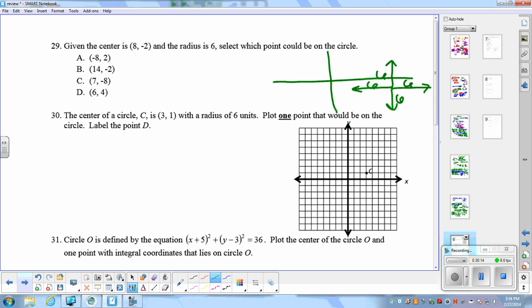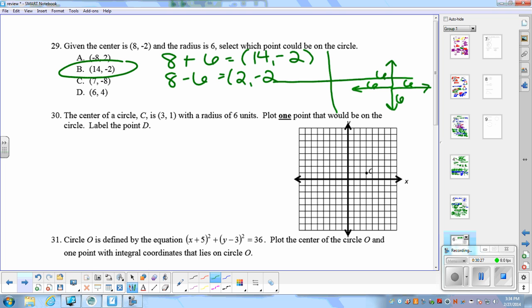So to figure out my points, I can take x and either add 6 or subtract 6, which will give me either the point 14, -2, or 2, -2. Oh, hey, look at that. 14, -2 is one of our answers. So I already got it. So I could stop, but let's make sure we know how to get some more points on this circle.